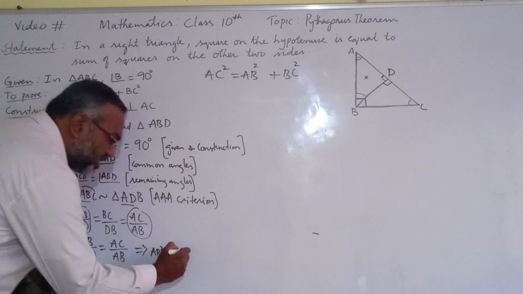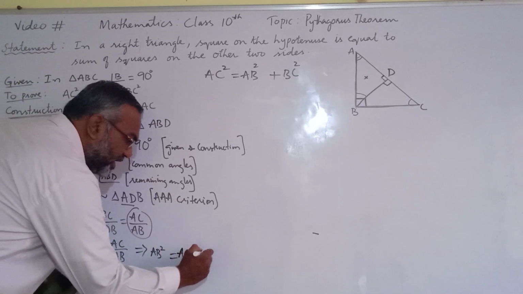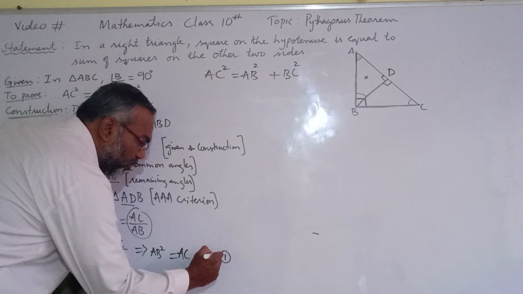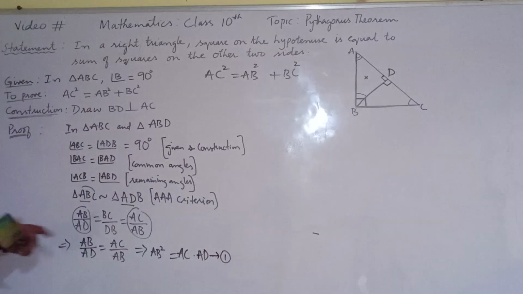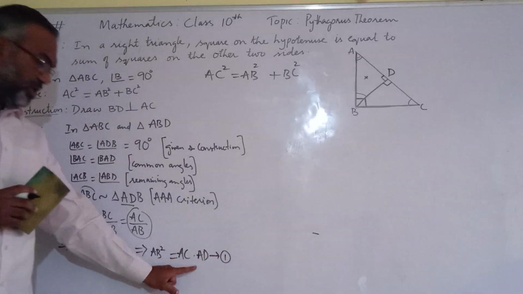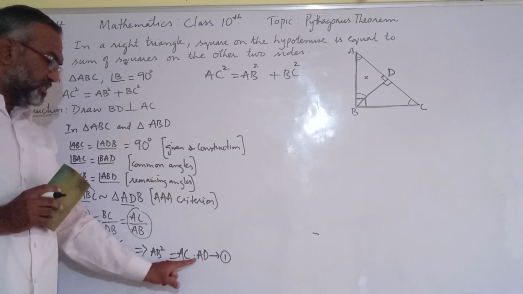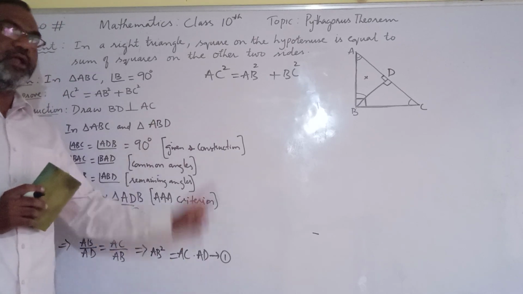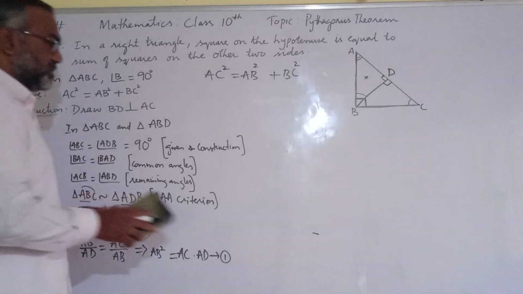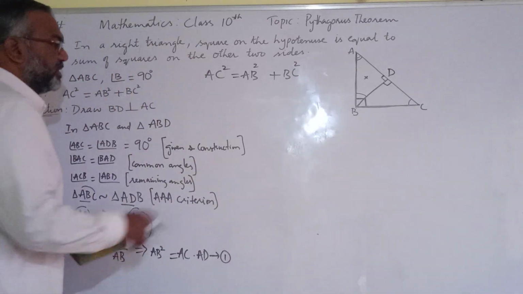So it will become AC into AD. We got one equation here: AB square is equal to AC into AD. This is equation number 1. Keep it as equation number 1.